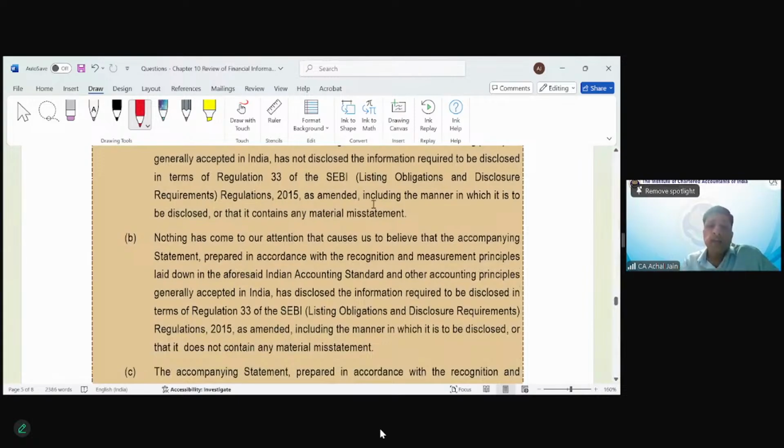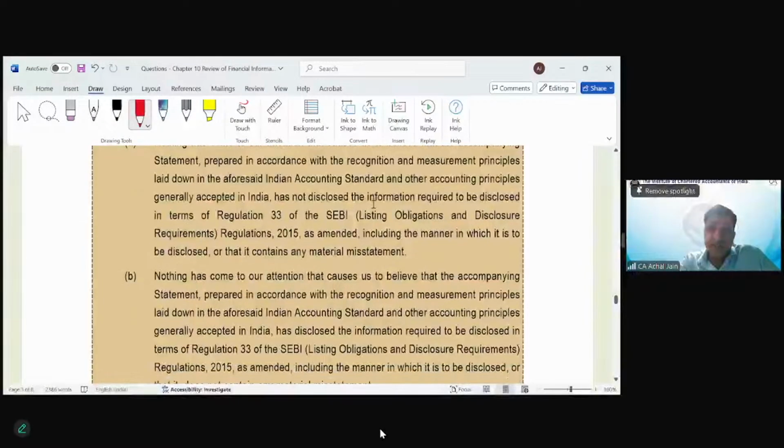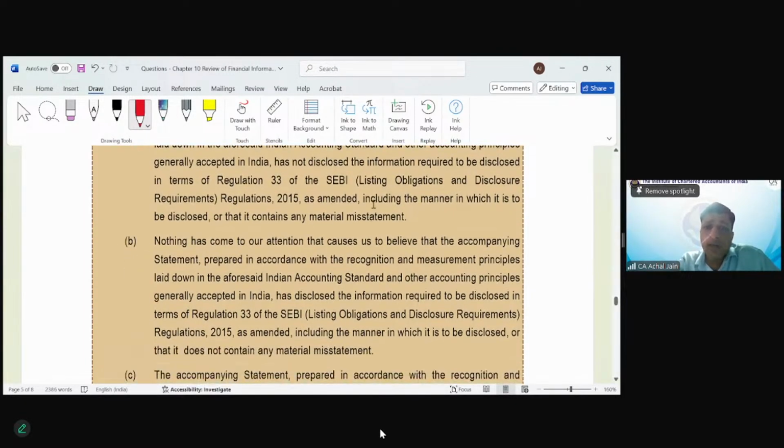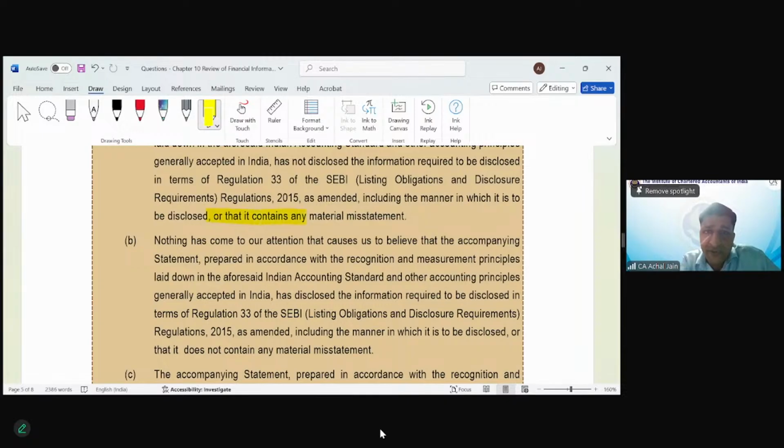Option B will appear to be quite similar, so you'll have to mark what is changing. Nothing has come to our attention that causes us to believe that the accompanying statement, which is again prepared in accordance with accounting principles as amended, including the manner in which it is to be disclosed, or that it does not contain any material misstatement. I'll just highlight some points: it does not contain any material misstatement.